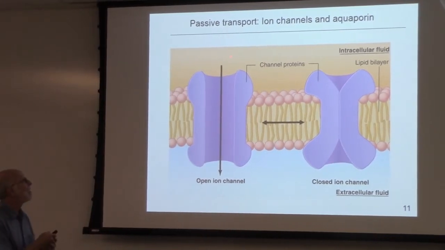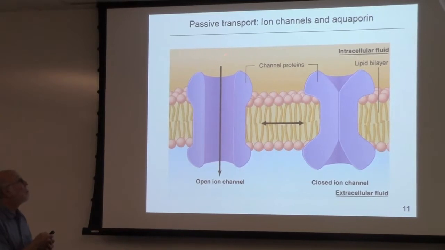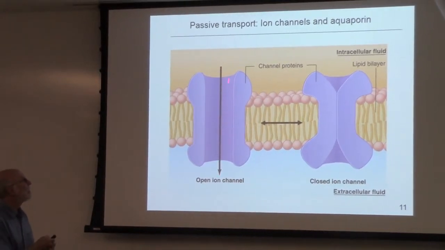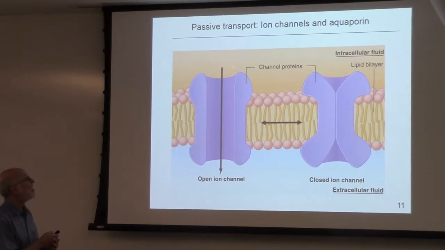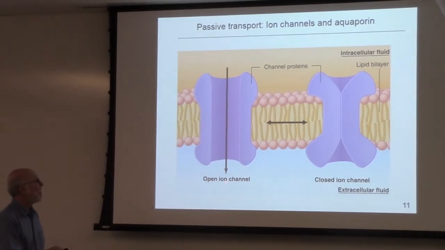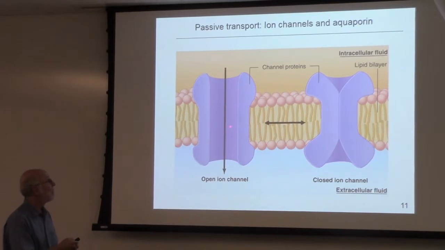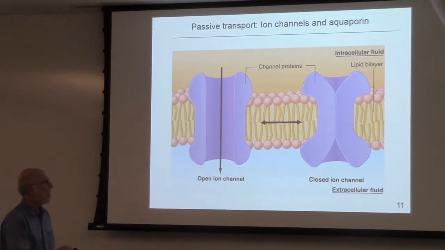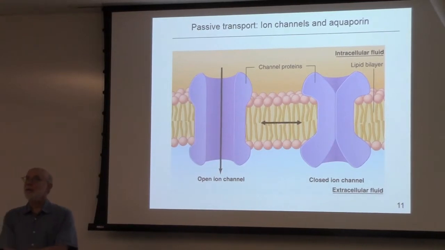It's always important to know which direction things are moving. In this case, the concentration of whatever this arrow represents was higher on the inside than on the outside, so that when the channel opened, the ion moved out. What's the most likely candidate for an ion that is higher concentration on the inside, lower on the outside, so that when the channel that is permeable to that ion opens, it flows downhill from in to out?